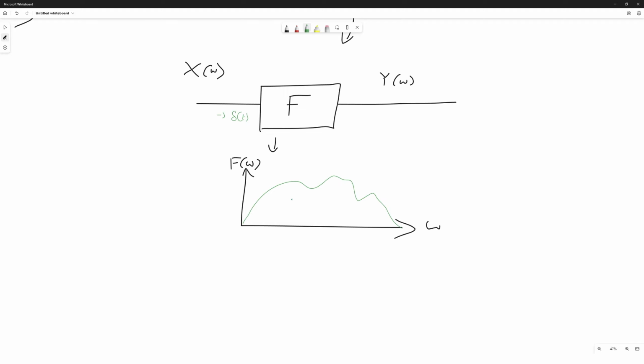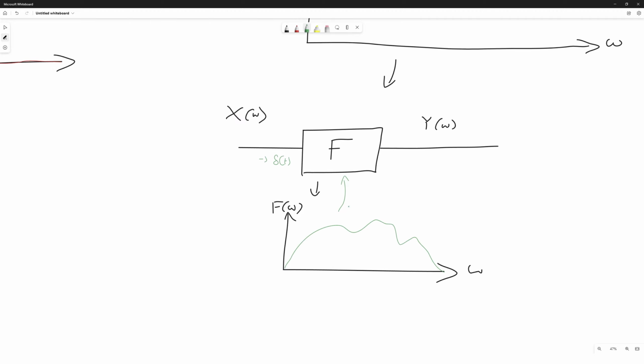What this tells us is just by putting in an impulse, we have a direct print of the schematics of our system, of the energy spread of our system, which frequencies are let through and which frequencies aren't let through.